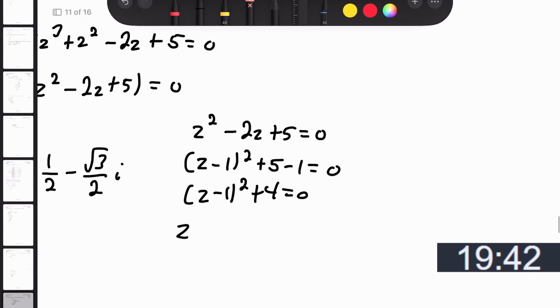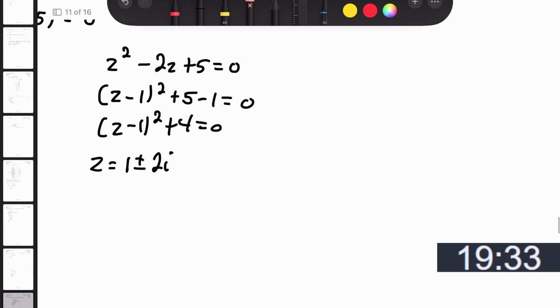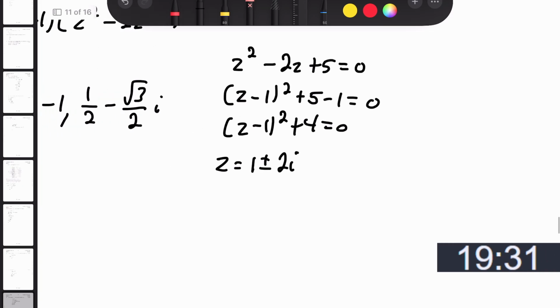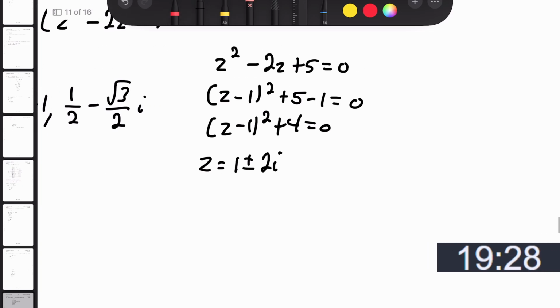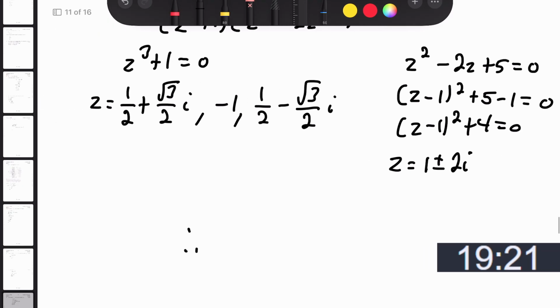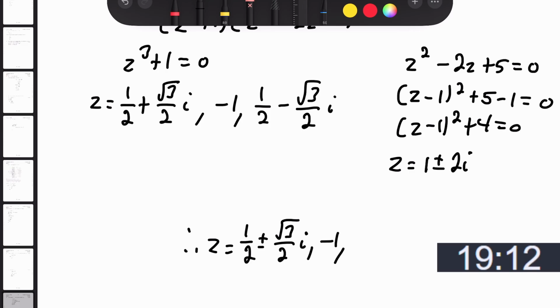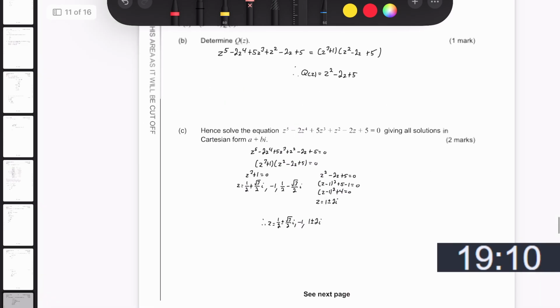So then z is going to equal 1 plus or minus 2i. So therefore z is equal to 1 over 2 plus or minus square root of 3 on 2 i, negative 1, and 1 plus or minus 2i.